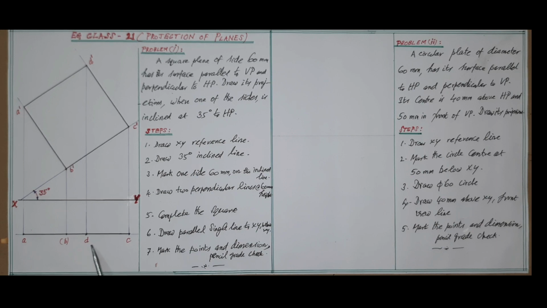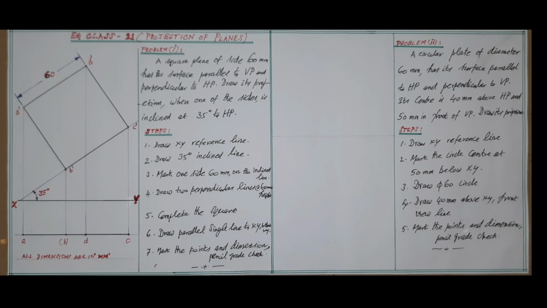Then it is D, it is C. Since this is the top view, it is to be marked as A, B, C, D. Invisible sides are to be marked within brackets as shown here. Write the dimensions as necessary and the problem is now over.